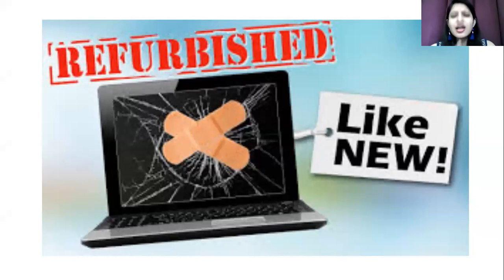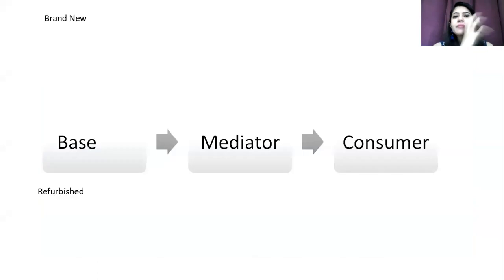Now, what does the refurbished products' pathway actually look like? When we talk about pathway, there is a base, there is a mediator, then there is a consumer. You have these three things. The base is where we get that product from.